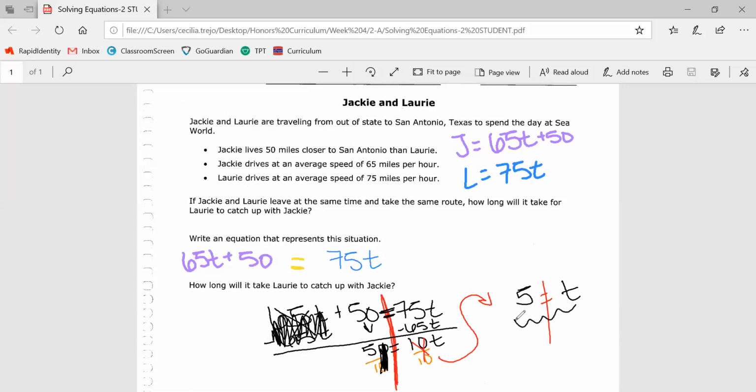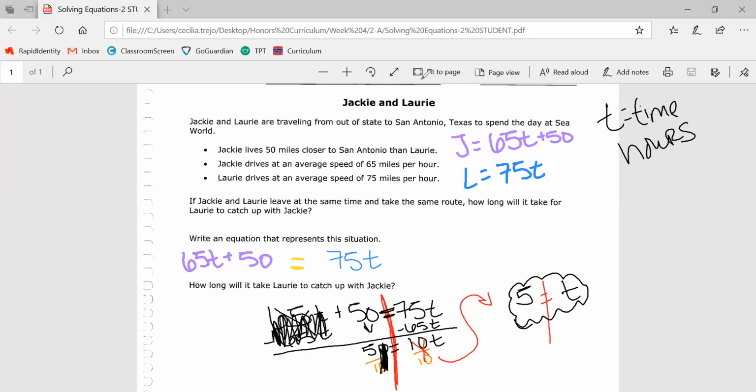So that means, question: how long does it take Lori to catch up with Jackie? And remember up here, I think earlier I put time and it was hours, right? So it's gonna take Lori 5 hours to catch up with Jackie. Okay, so let me continue here.